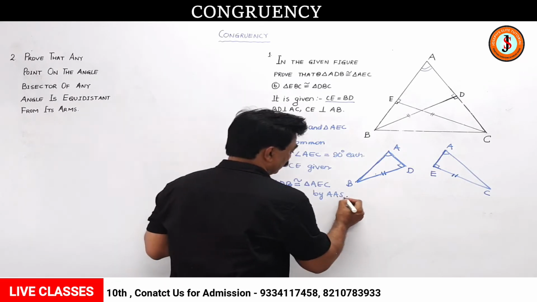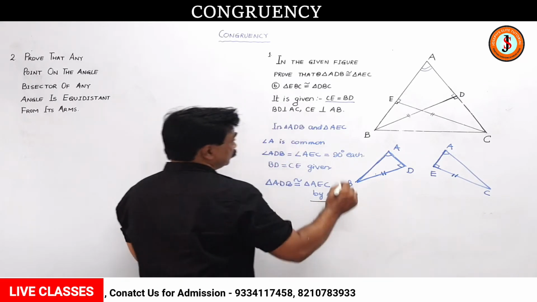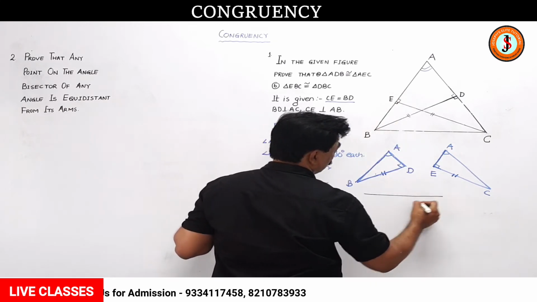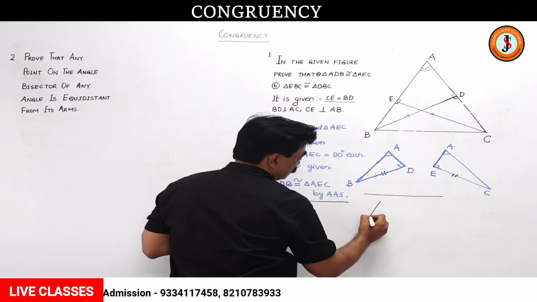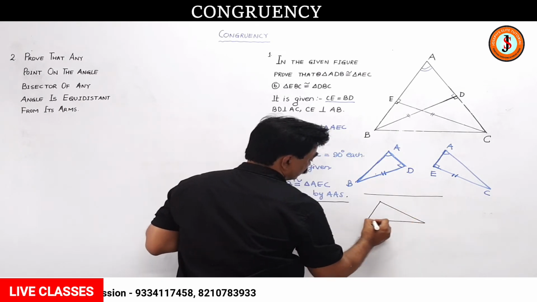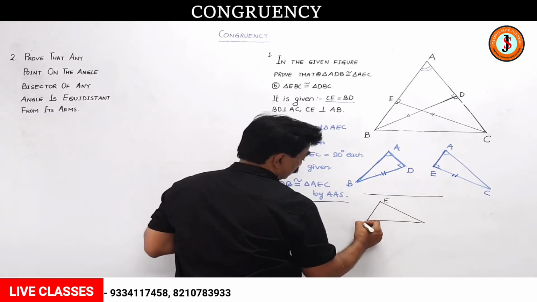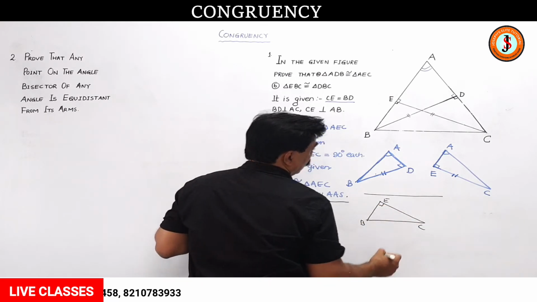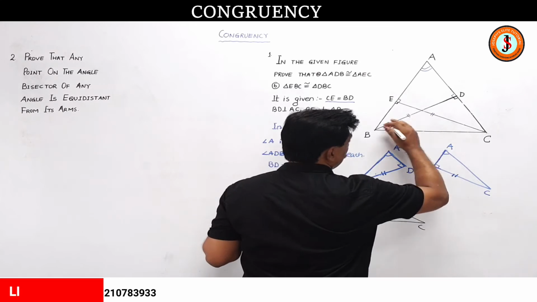Number 2 is now we have to prove the triangle EBC. So, this part is done. So, I am taking out EBC, so this angle is 90 degree, and I am taking out DBC.